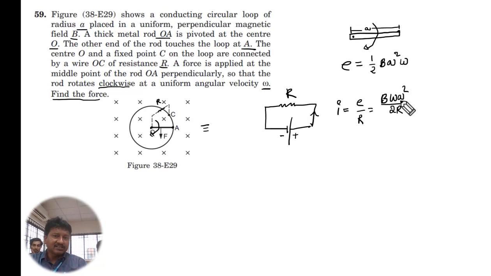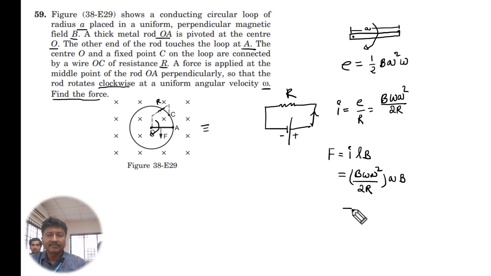When this much current flows through it, a current carrying conductor held in a magnetic field experiences force, B I L sin theta. I is the current, L is the length of the rod. Let us apply here. I means B omega A squared by 2R, into A, into B, the magnetic field.